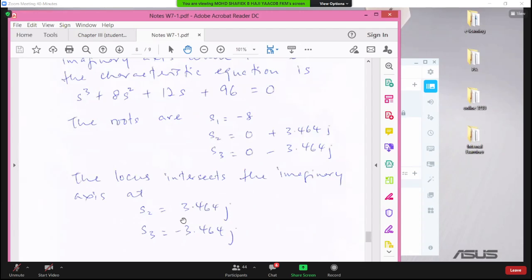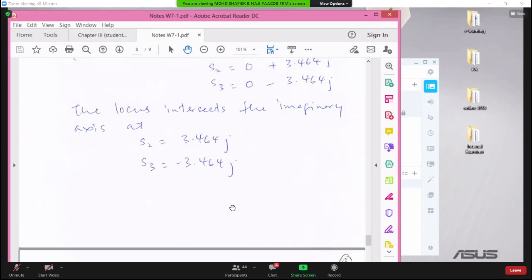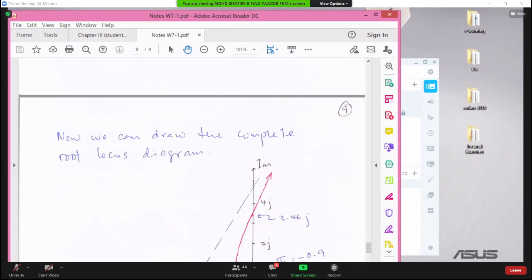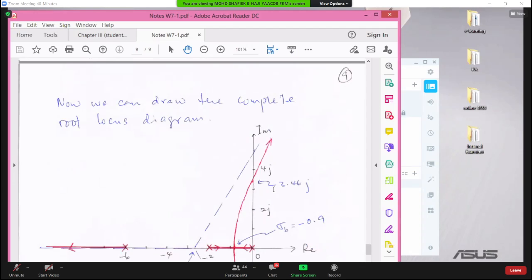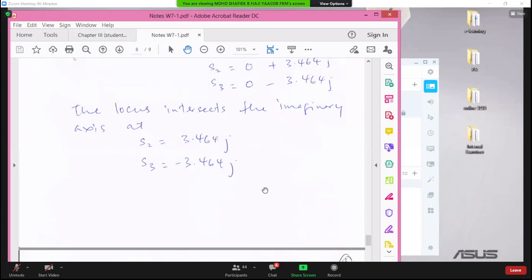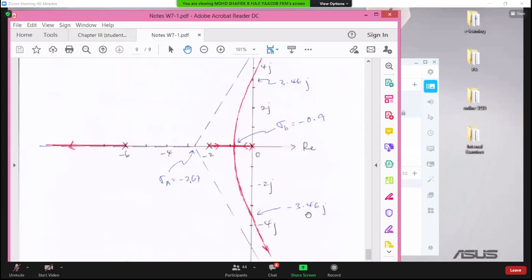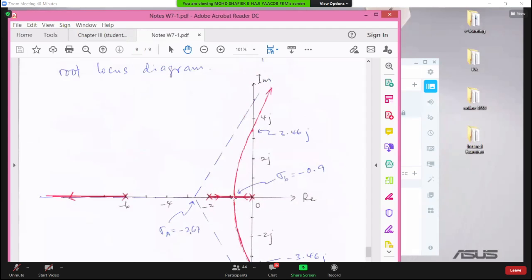Now we can draw our root locus diagram accurately with this information. This is where the intersection with the imaginary axis is, at 3.46j, another one at negative 3.46j. And this is the breakaway point at negative 9. Then our locus is going to leave at a 90-degree angle.